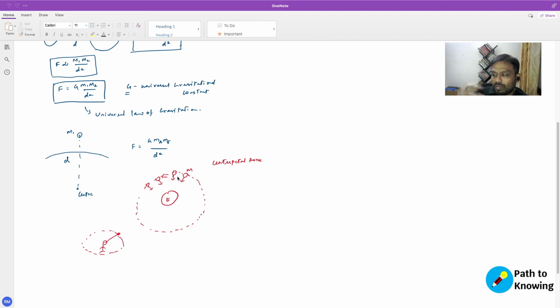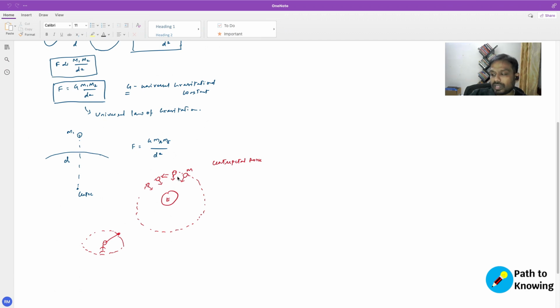Now, one thing to complement that: if the stone tries to seek the center, or if the Moon tries to seek the center, we know from Newton's third law that a force always occurs in pairs. So if there is one force, there must be an equal and opposite force acting on the other object.